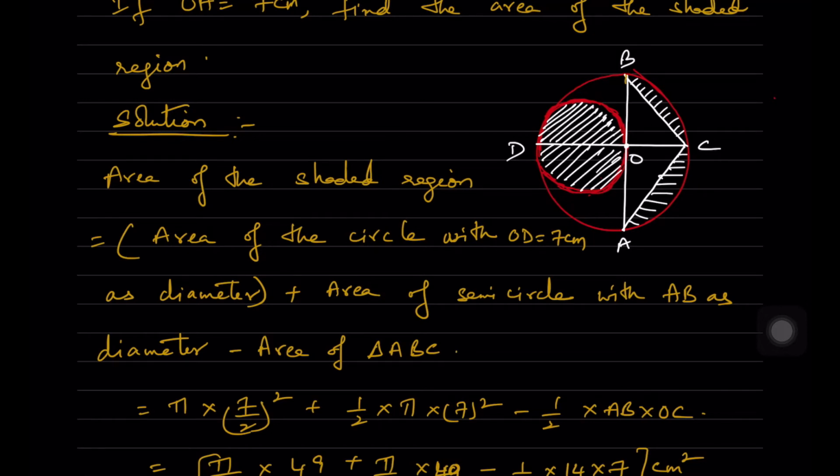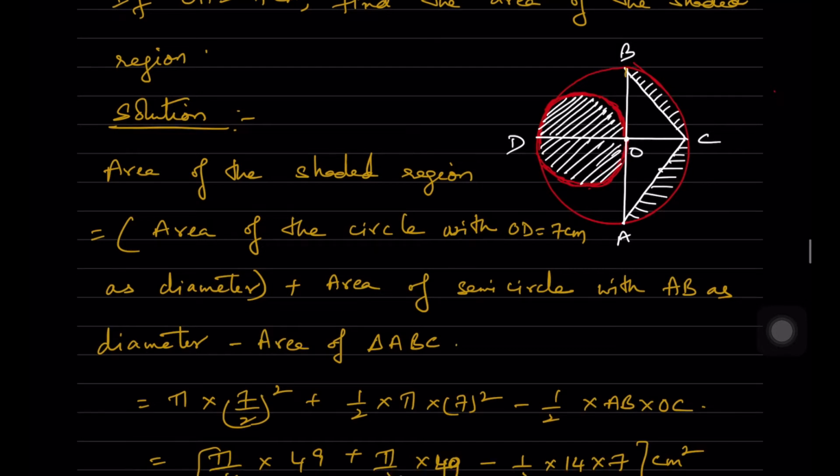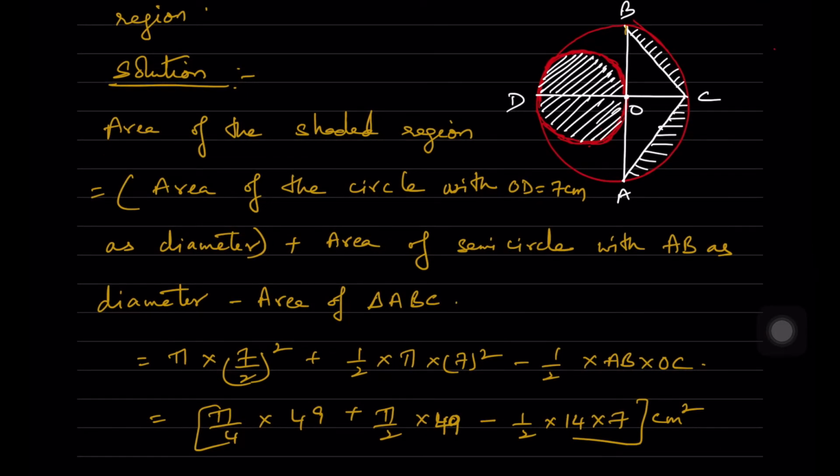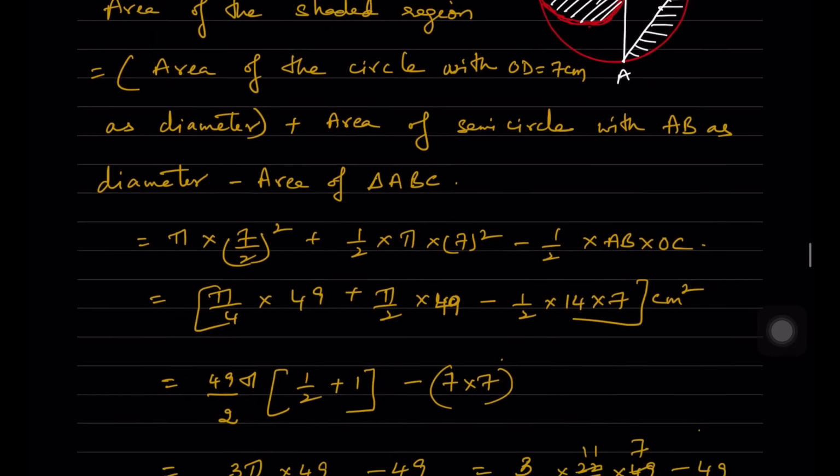Now we are substituting all the values in the formula. 7 by 2 is nothing but 3.5, so we take 3.5 into 3.5. Then for the area of the semicircle, the radius is 7 itself, so half into pi into 7 square.